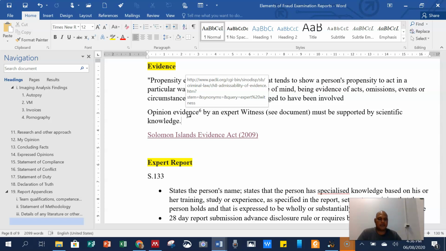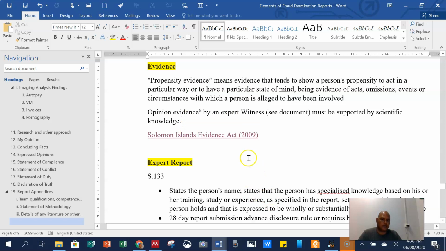So in terms of gathering accounting information, it is easier than gathering information from a digital perspective. So we have covered the areas of the underlying criteria or guidance to compile information related to digital. So we've already gone through that. So these are the type of scientific knowledge that's required from opinion evidence.